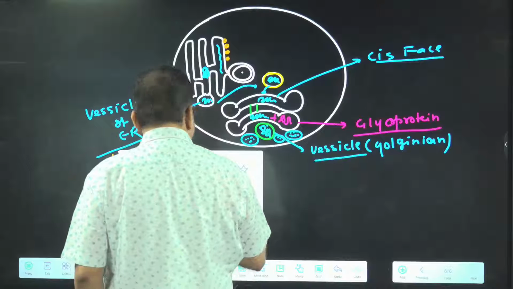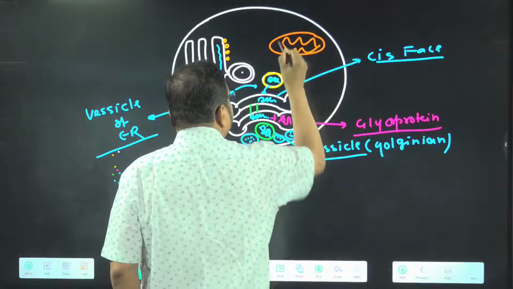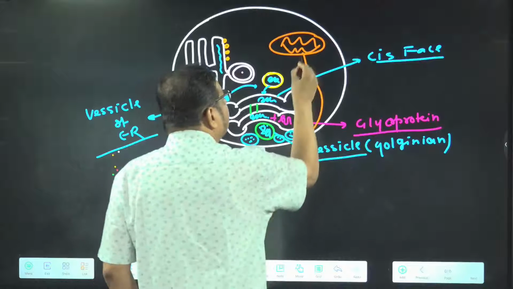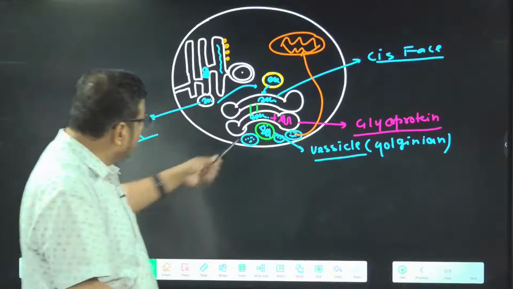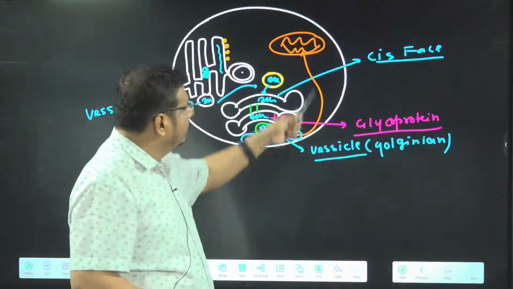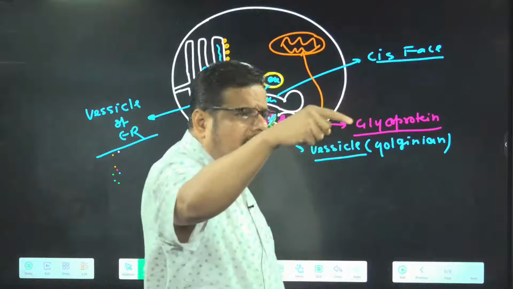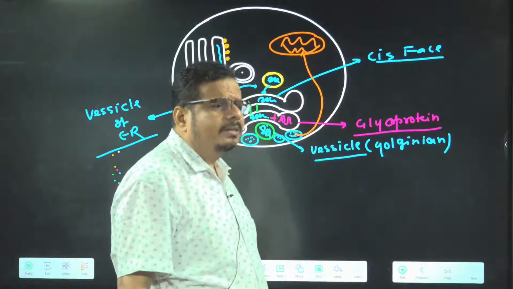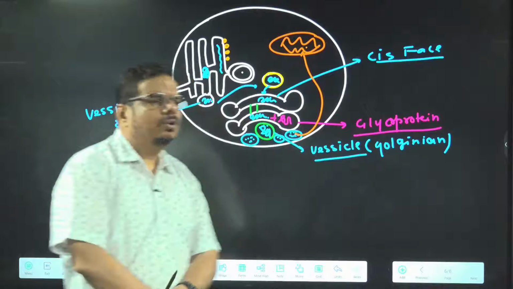Have a look here. Suppose that here is mitochondria. So some of the vesicles go and fuse with mitochondria. So these vesicles, this Golgi body is responsible for transport of which one? Proteins or chemically modified protein at an intracellular target also or not?